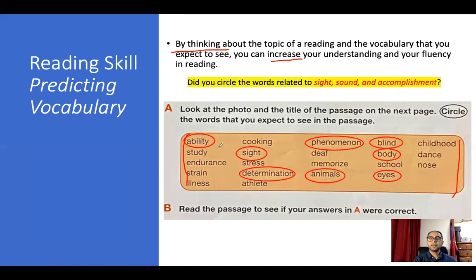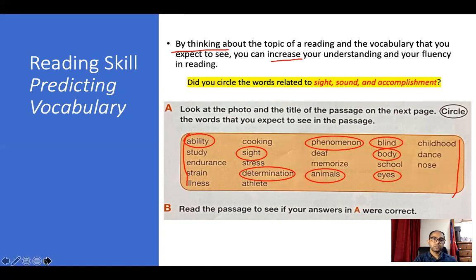You can check ability, sight, determination, phenomenon, animals, blind, body, eyes. Maybe other words you chose could be related to the title, Seeing with the Ears, and also the pictures, animals. Okay, maybe you did a good job on this.